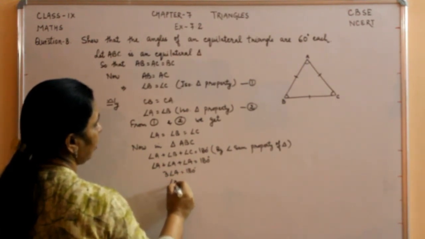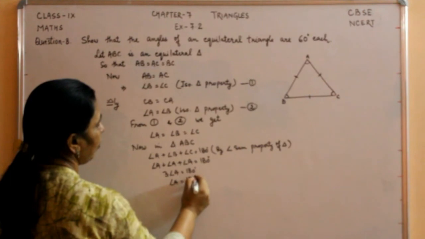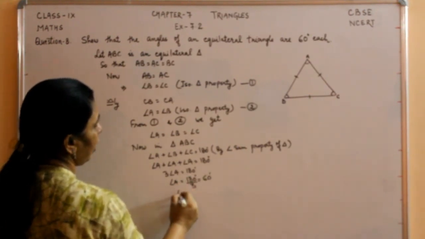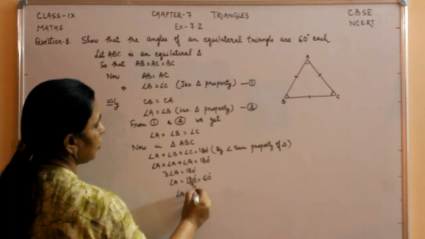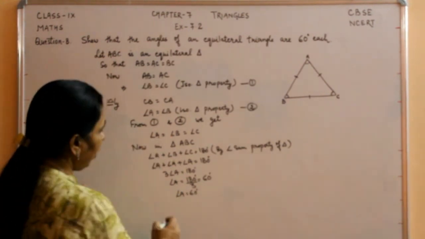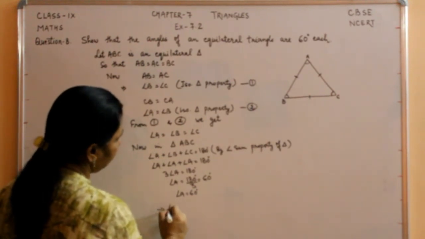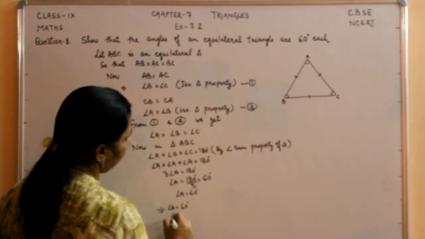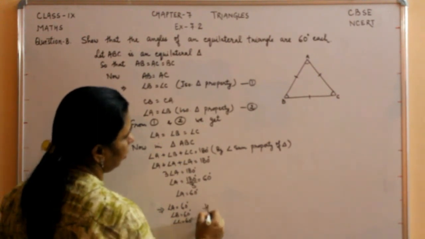That means angle A is equal to 180 upon 3, which is equal to 60 degree. So how much is our angle A? 60 degree. And we know angle A, B and C are all equal. This implies angle A is equal to 60 degree. The angle B will also be equal to 60 degree and angle C will also be equal to 60 degree. Hence proved.